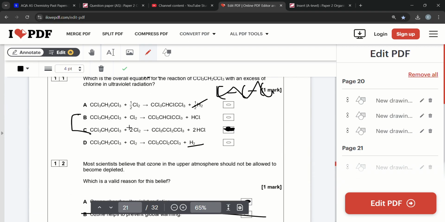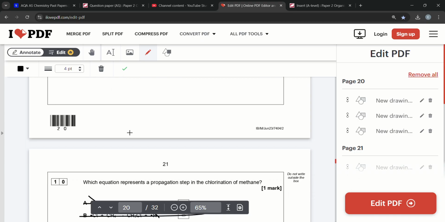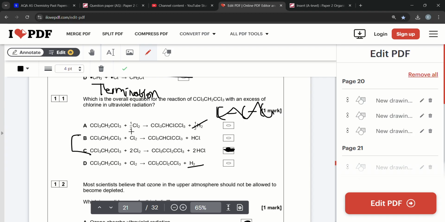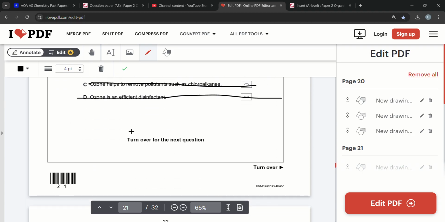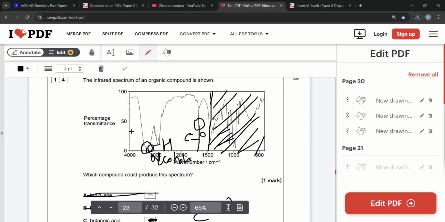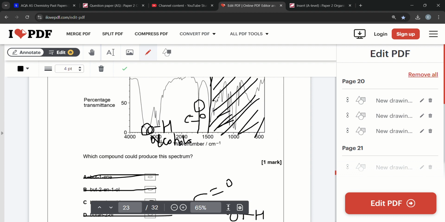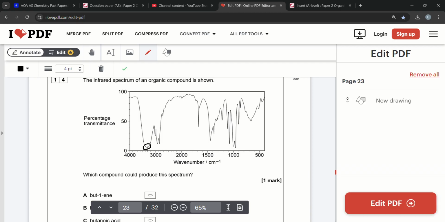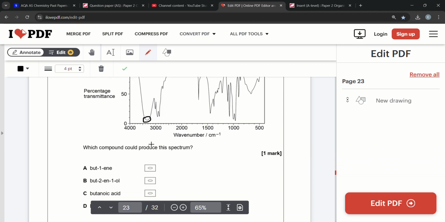One second, guys. So we've got methylpropene, that ozone absorbs ultraviolet radiation, that which compound could produce this spectrum? I don't know what I did wrong. Look here, peaks point downwards, yeah? That's definitely OH alcohol.